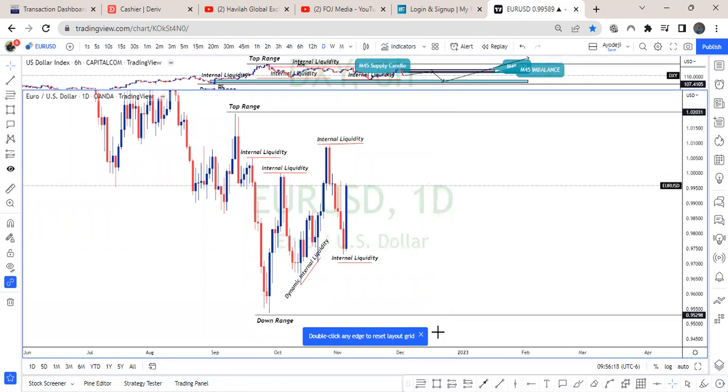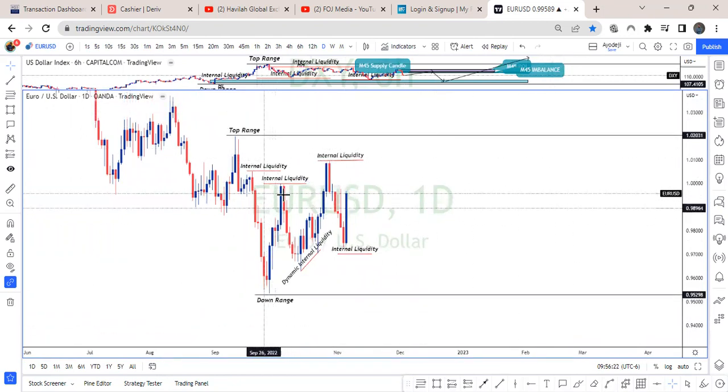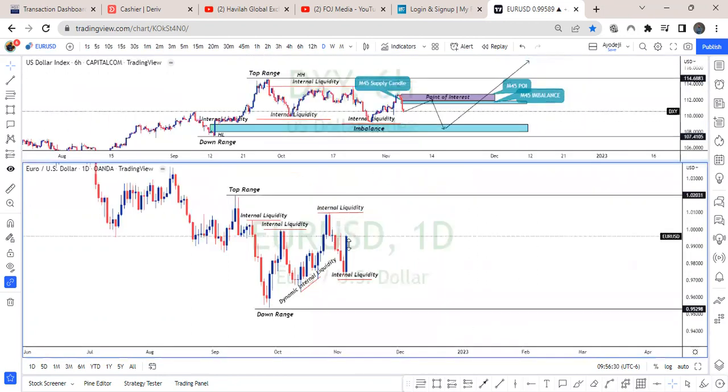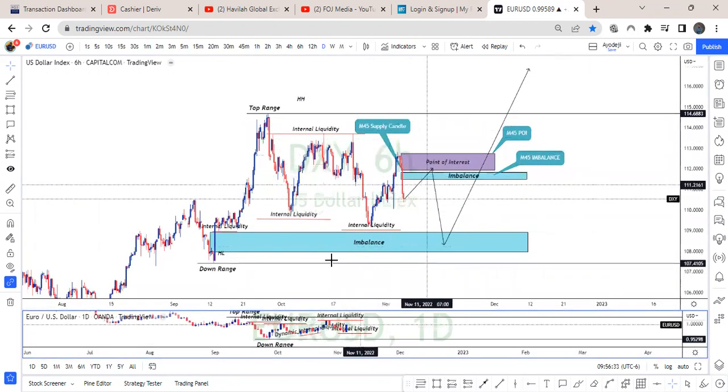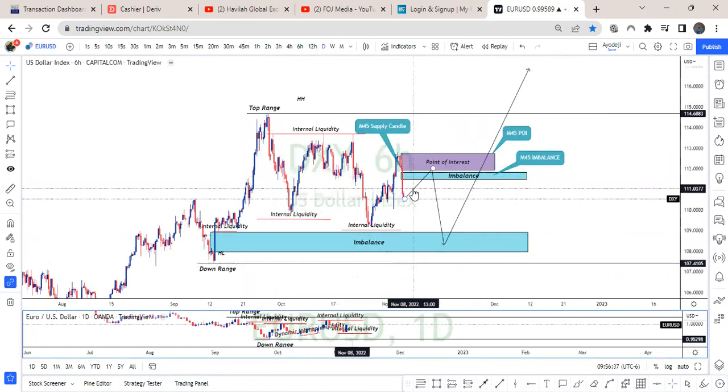What do I think Euro USD will do? If we're looking to sell DXY, remember, our bias for the DXY is a sell to this imbalance before the upper push. But before the sell, price may come back to any of these PO highs before going for the sell.